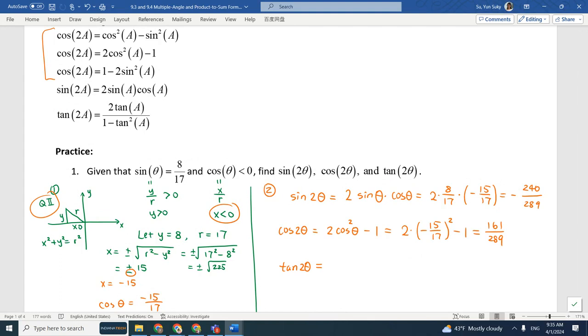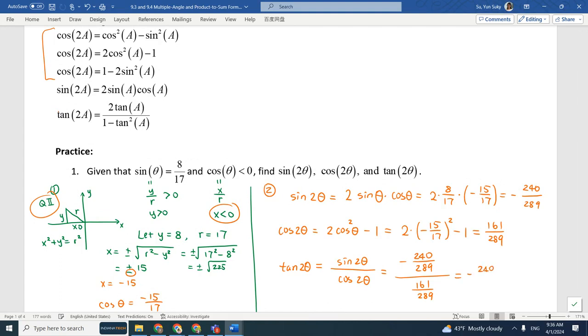Let's see. Tangent 2 theta is sine 2 theta over cosine 2 theta. Is that okay, everybody? This is much easier than this. You don't need to compute the tangent A, right? Yeah, sine 2 theta is negative 240 over 289, over 161 over 289.